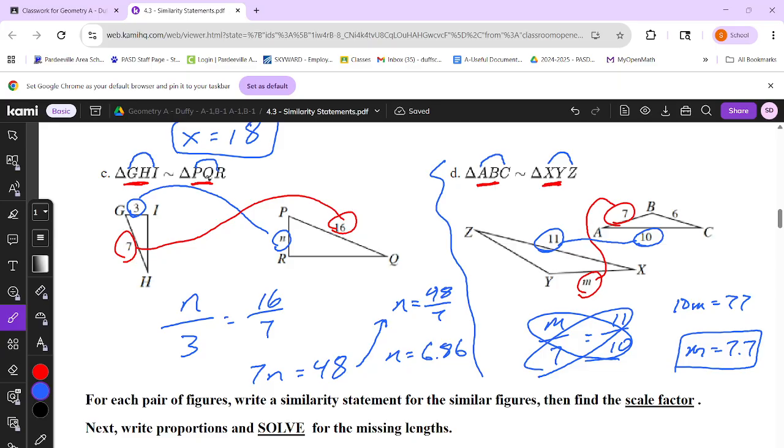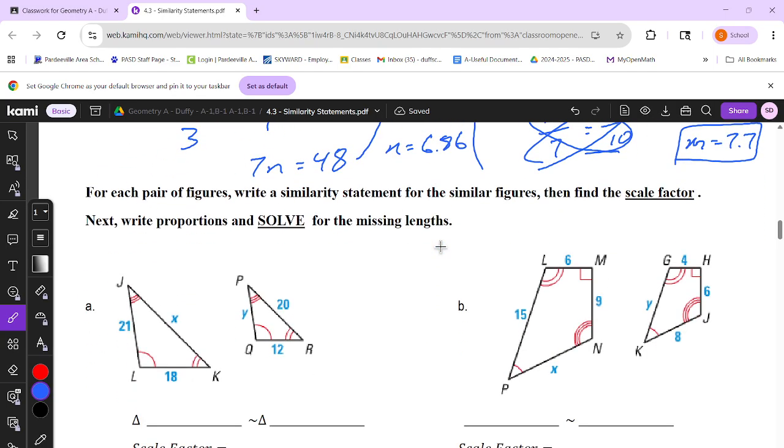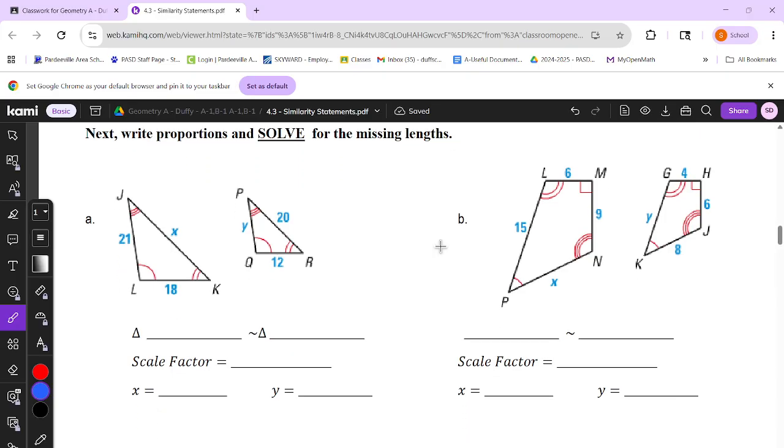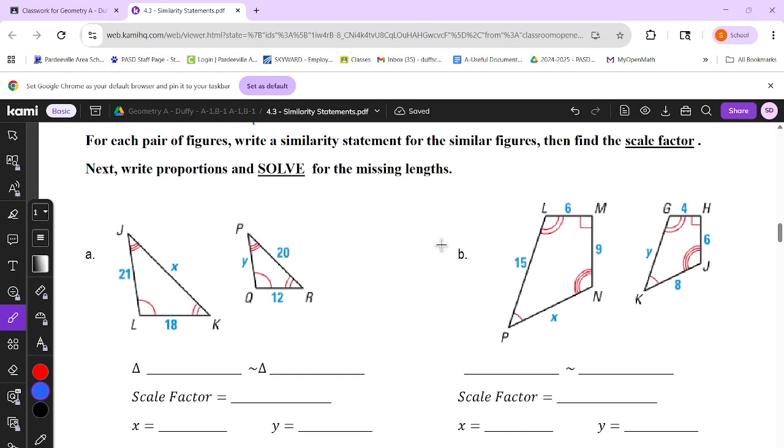The next one, I'm going to have you guys just kind of check your answers online. I'm not going to do these with you. All I'm going to say, though, is that you can find the scale factor in 2 ways. For the scale factor on these, as an example, since we know 18 and 12 correspond to each other, you could give me the scale factor as big over small or small over big.